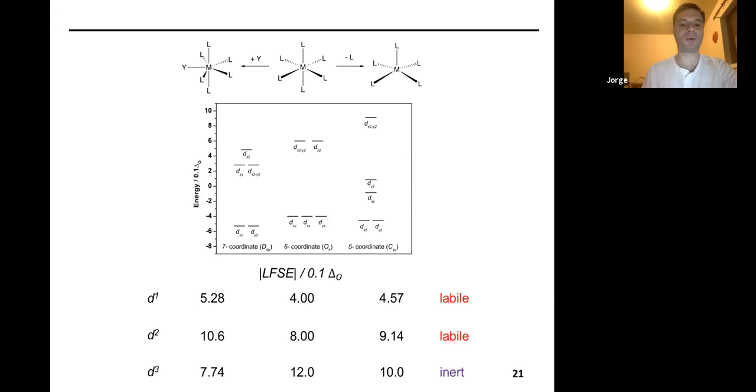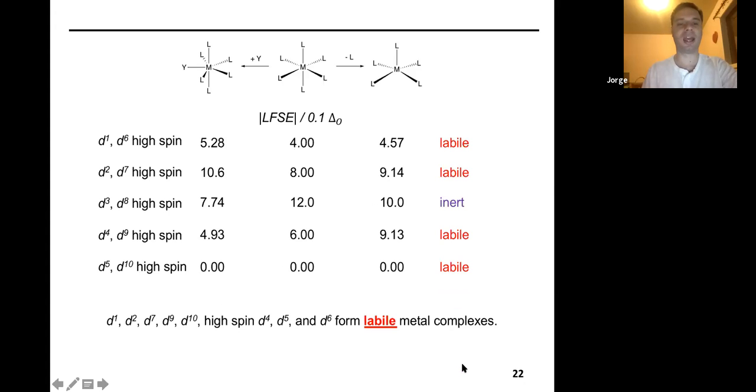Okay, so we did that for D1, D2, and D3. We found out that D1 and D2 are labile and D3 is inert. And we also did, some minutes ago, D4 low and high spin. So I have here a summary for all the high spin configurations.